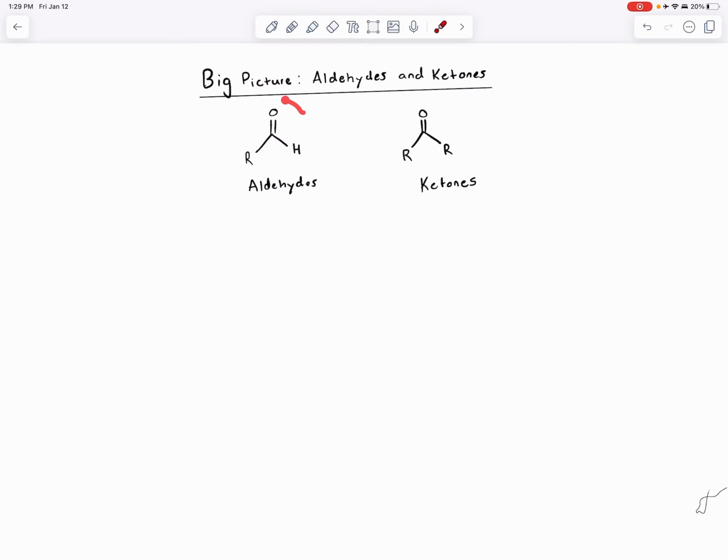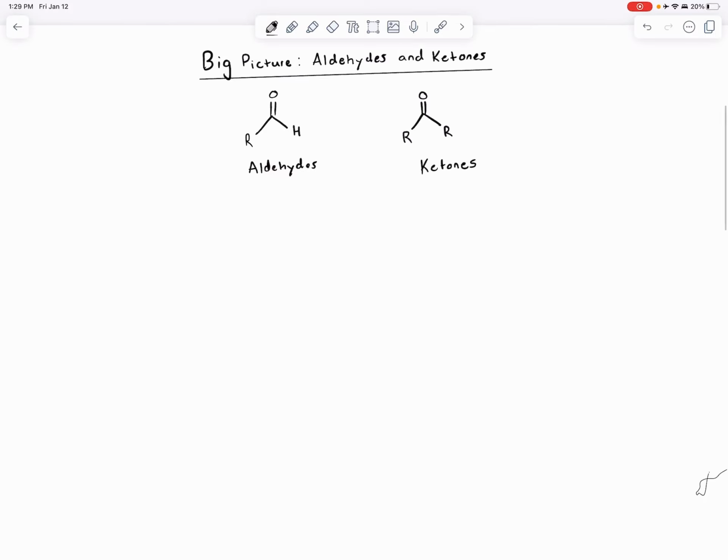Just as a reminder, aldehydes have a hydrogen hanging off, and ketones have two carbon groups hanging off of the C double bond O. And so, one of the big picture things we've already talked about in the overall OChem 2 big picture topics, but it's worth a reminder as we dive into it.